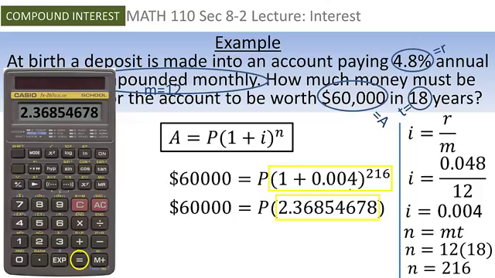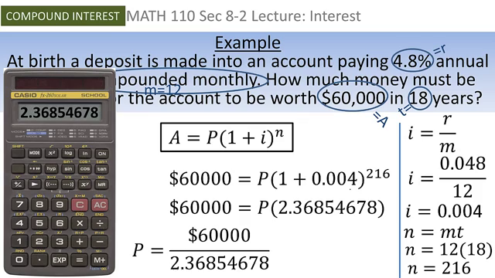Now we're solving for P, so I need to divide both sides by that 2.36854678. And if I do that, I end up, to the nearest cent, since we're working with dollars and cents and unless you're told otherwise you'll just round it off to the nearest cent, with $25,331.99.